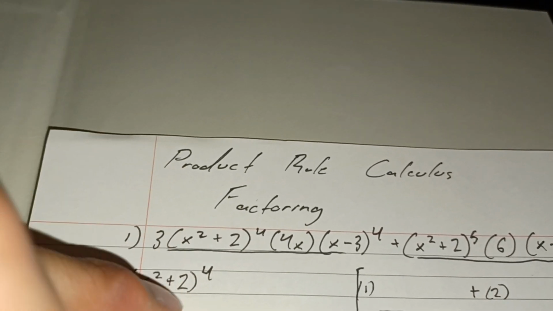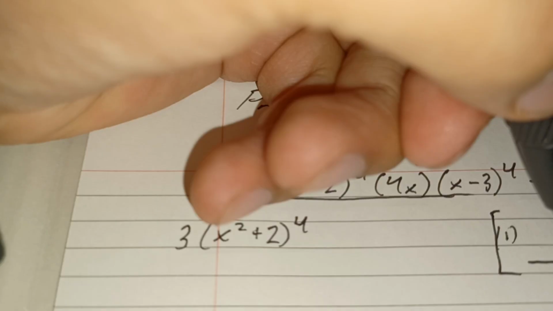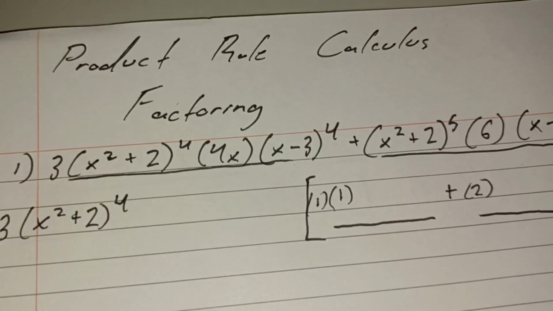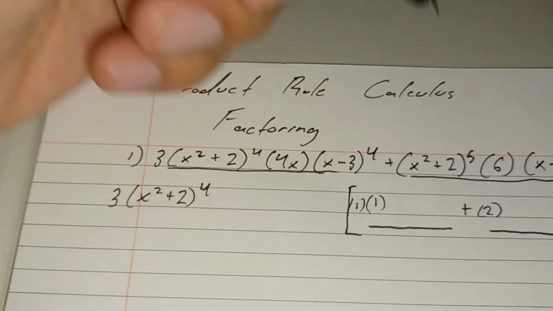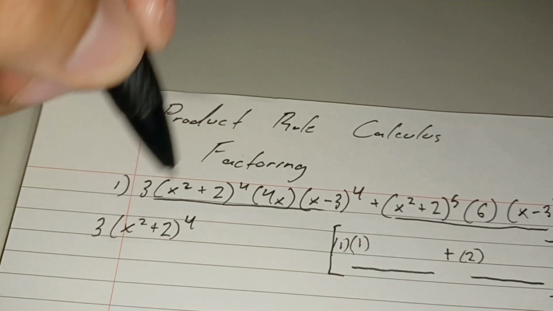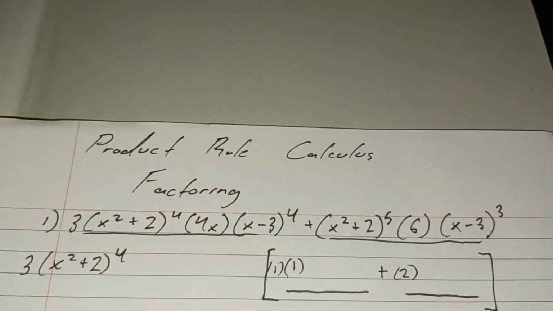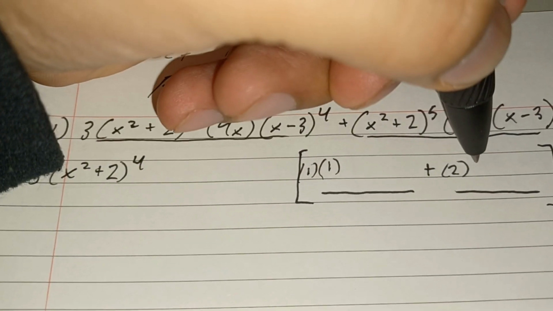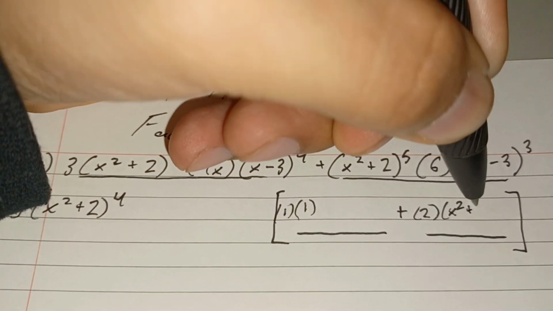So again, (x squared plus 2) to the 4th power times 1, another 1 right here, is going to give us that. And now here, since we factored out the 4th power from the (x squared plus 2) to the 5th power, we're only left with one (x squared plus 2). So we write that down here: x squared plus 2.